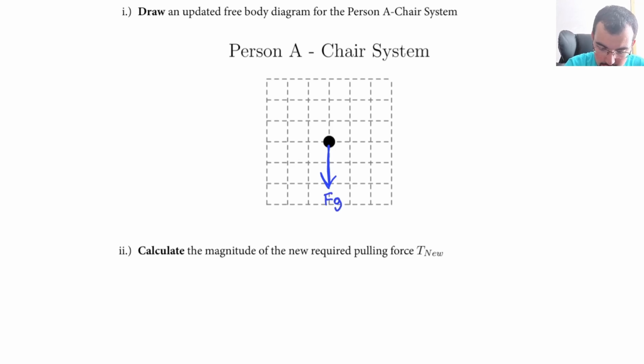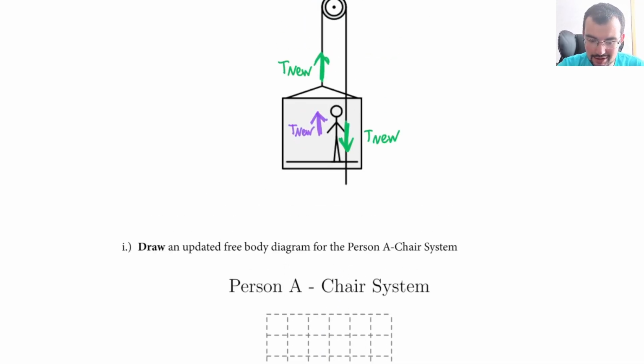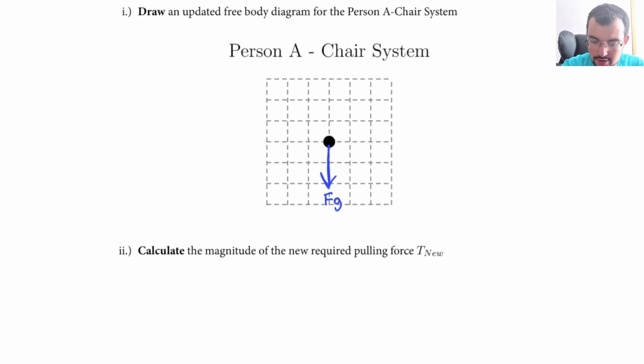That didn't change. But now what changes is that there is a T on person A from their Newton's third law pair. And there's going to be a T from the wraparound on the Bosun chair.